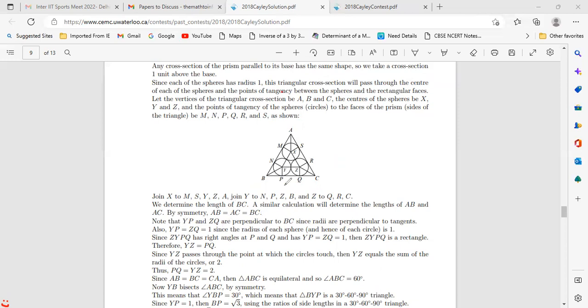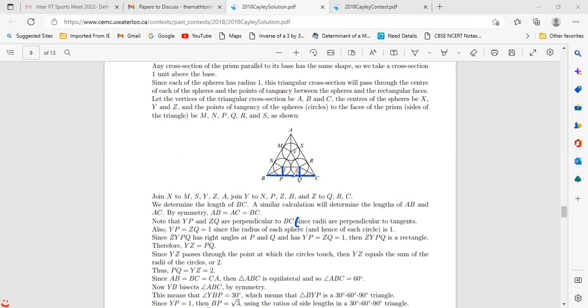YP and ZQ are perpendicular to BC. Let me highlight the BC. You have BC here. This line YP and ZQ are perpendicular to BC. Since radii are perpendicular to tangents, we can say that YP and ZQ are equal to 1. This property you need to learn by heart.